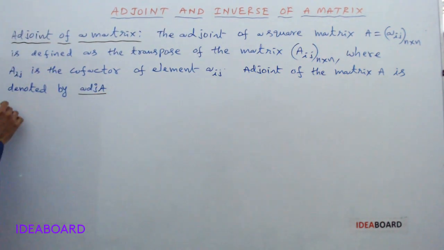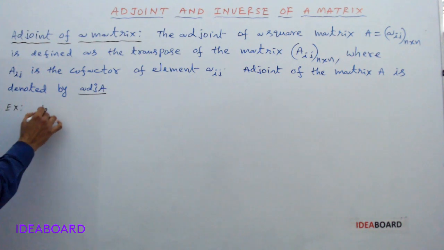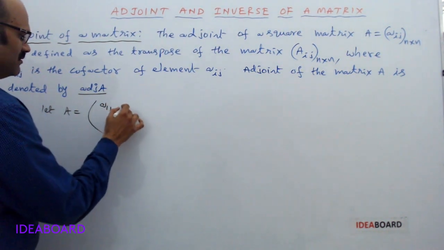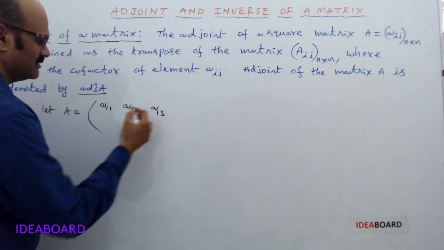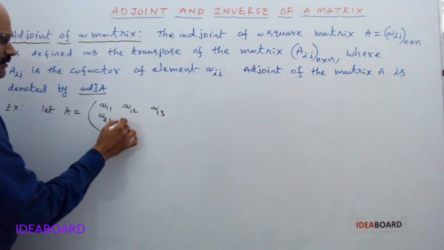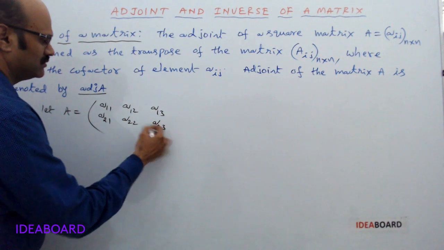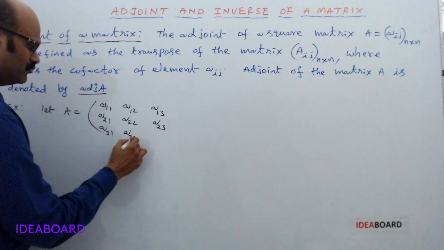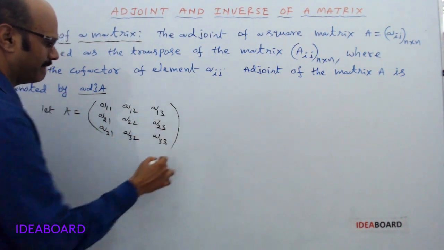For example, let A equal to a 3 by 3 matrix with entries a11, a12, a13, a21, a22, a23, a31, a32, a33.